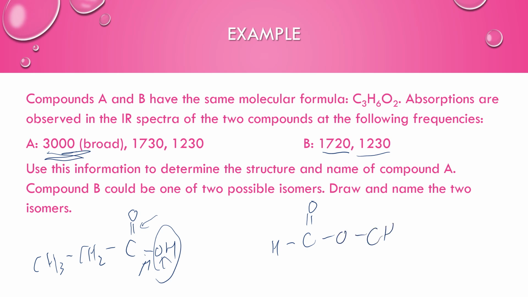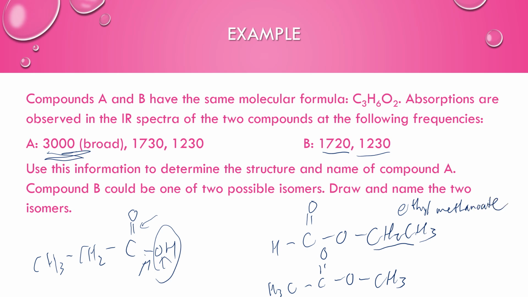We have this ester and this ester. And this top one would be ethyl methanoate. And the bottom one would be methyl ethanoate. And those are your 2 isomers.